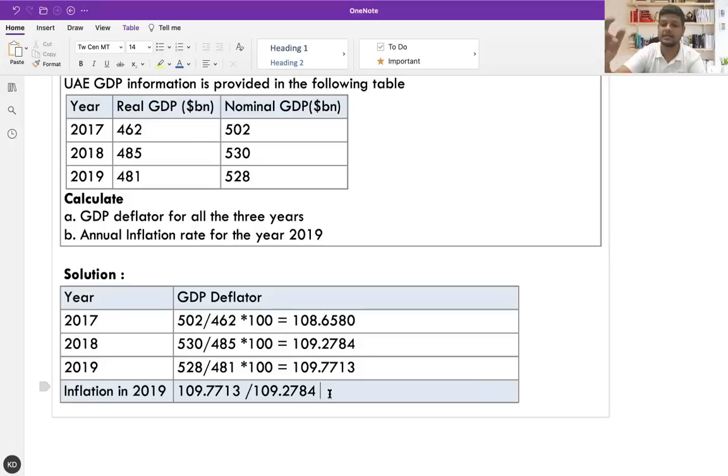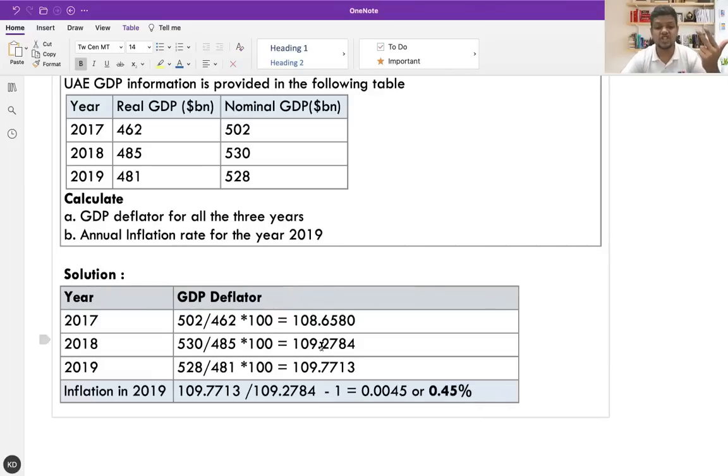So just find out the percentage change here. How would you do that? Divide, minus 1, into 100. If I do this, I get about 0.45 percentage. So what is this 0.45 percentage? It is the change in the GDP deflator. These are my GDP deflators, right? That is, the GDP deflator is the index for inflation.